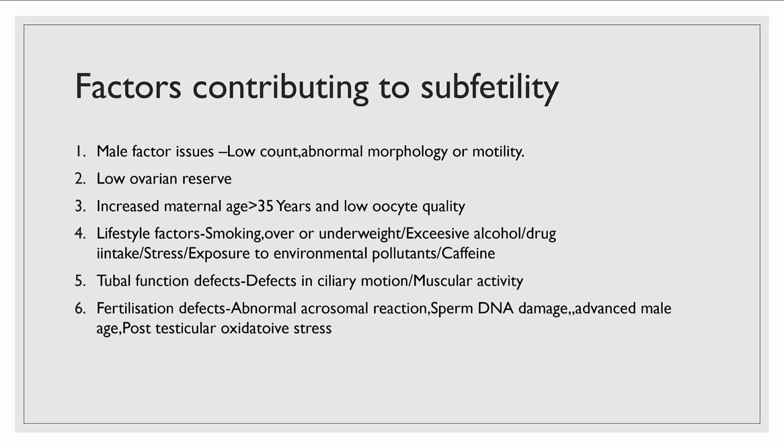Other factors which contribute to infertility are most of the time male factor. Ones like low counts, abnormal motility, morphology may be the reasons. In the female partner, if the female is older, the ovarian reserve, the number of viable, good quality ova available on ovaries matters.